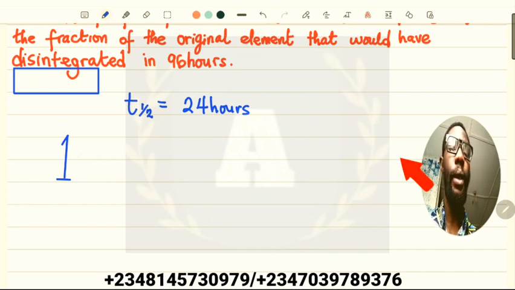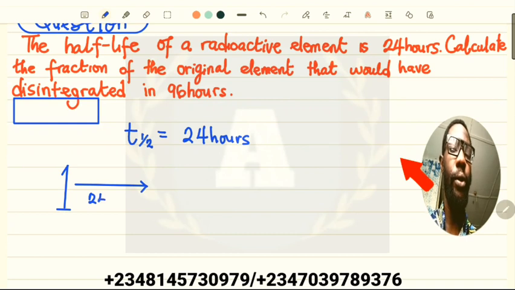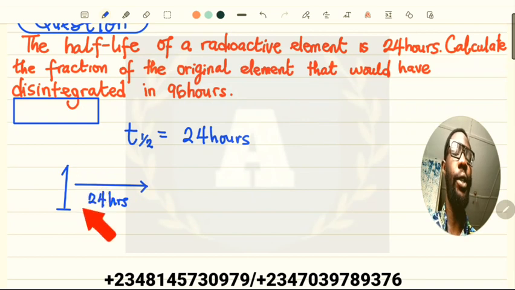After 24 hours, this 1 would have decreased to half its initial value, which is 1/2.